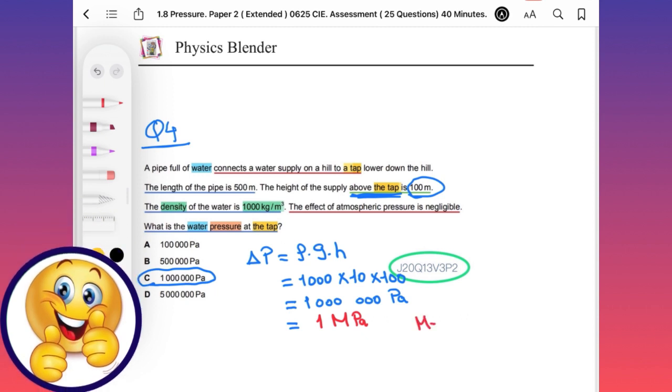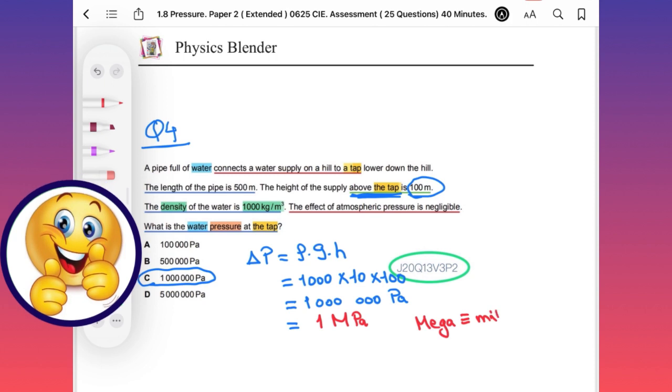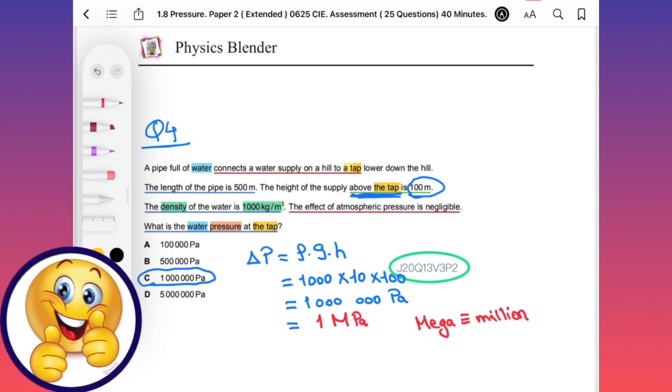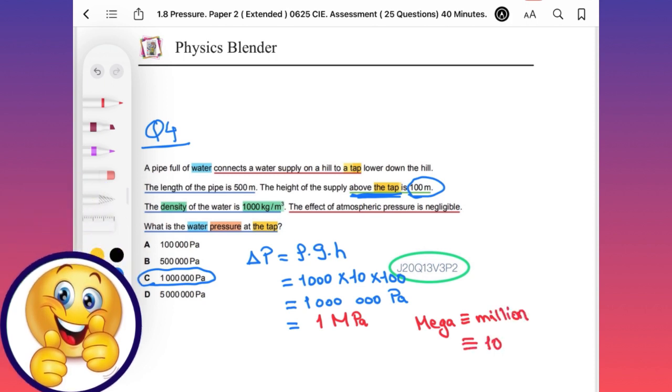Mega means million, which means 10 to the power of 6.